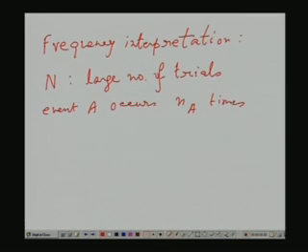Okay. Then classically we know the approximate value of the chance of occurrence of A is N A by N. Okay. That is the physical probability with which we are familiar. Physically that is, for us, probability, provided capital N is large.